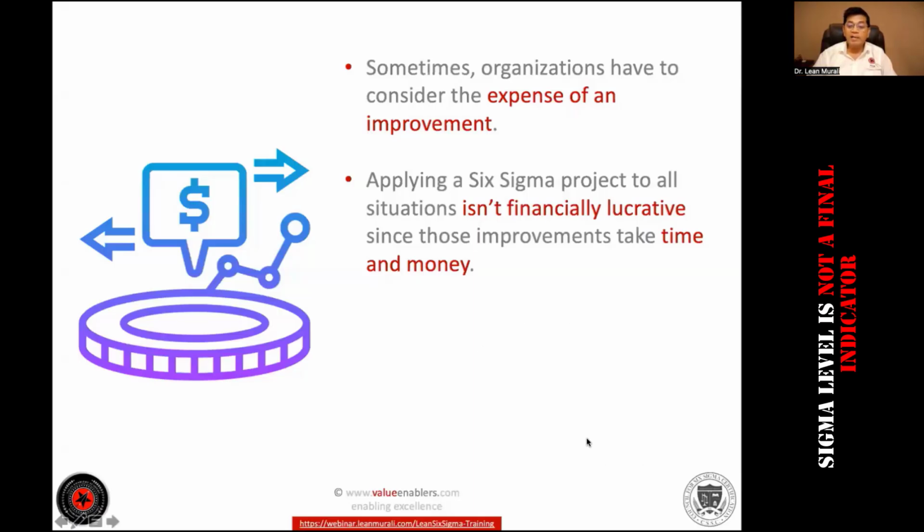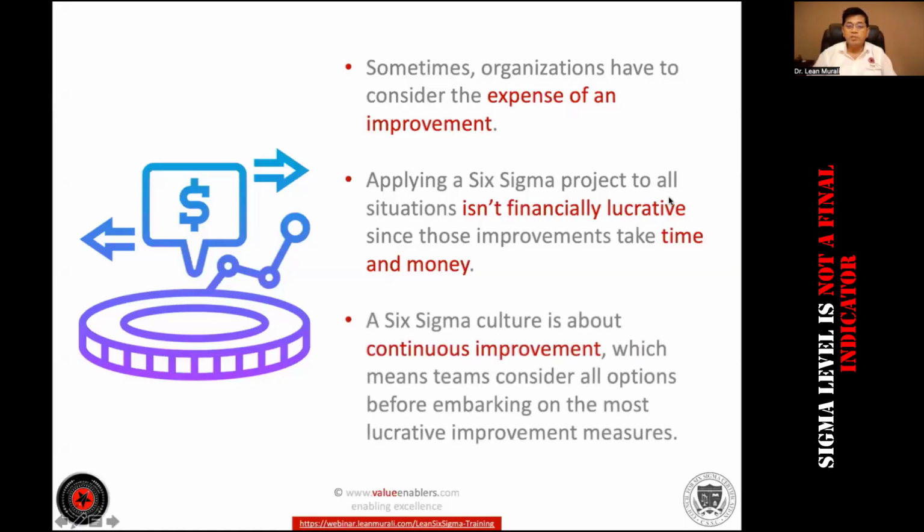How many of you can relate to this? Type ICR, I can relate, in the chat box, because there are senior people out here. So a Six Sigma culture is about continuous improvement, which means that the team considers all options before embarking on the most lucrative measures.